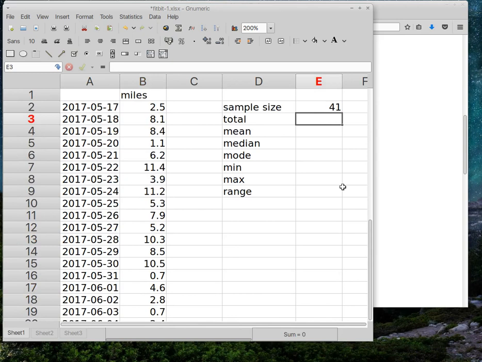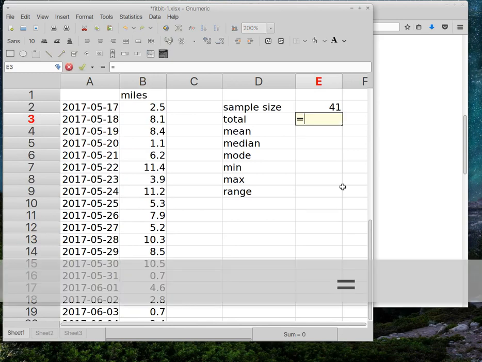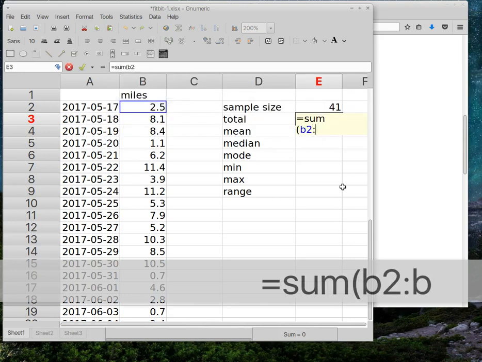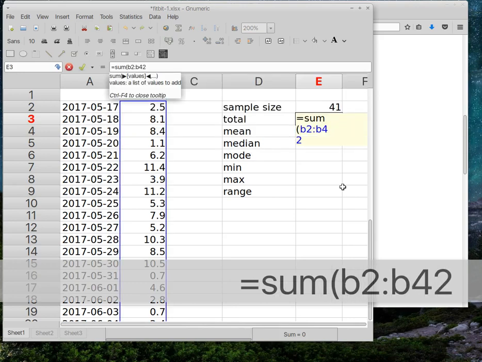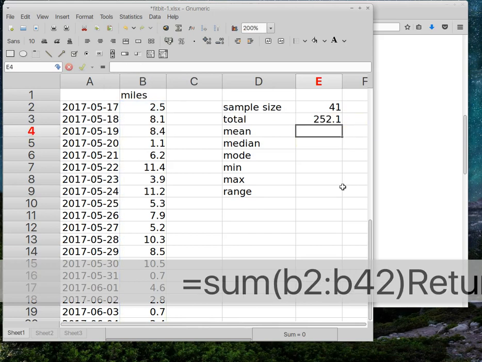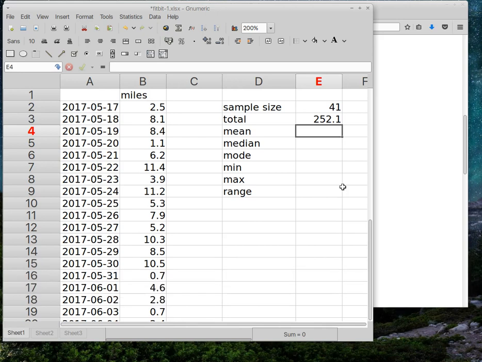Now we're going to find the total by doing equals SUM parentheses B2 colon B42. And it says that she walked a total of 252.1 miles in those 41 days. In fact, to get the mean, what we should do is divide those last two numbers.